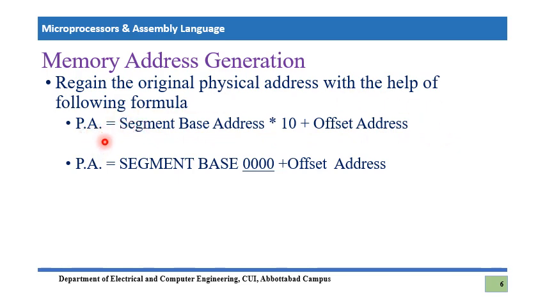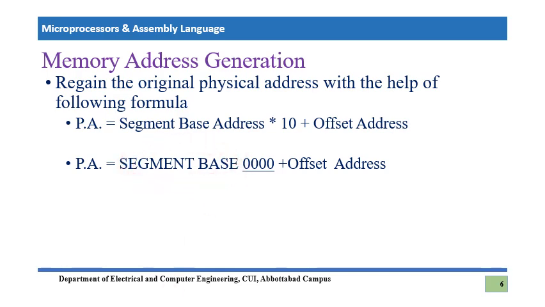This formula can further be written in another format, where we write the segment base address in binary. The formula we discussed earlier was in hexadecimal, and right now we are talking about binary addressing. So the segment base address in binary will be a combination of how many bits?